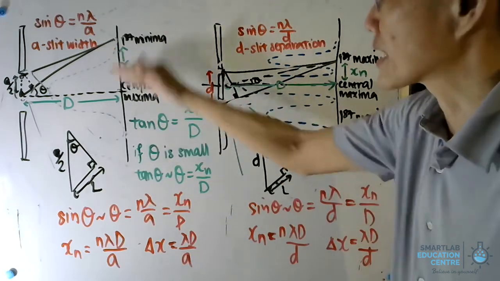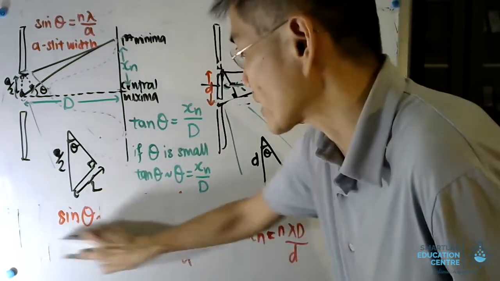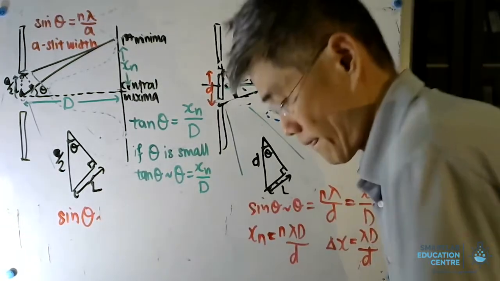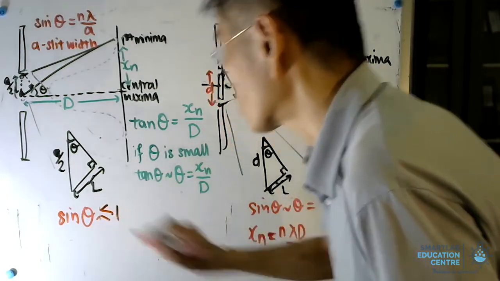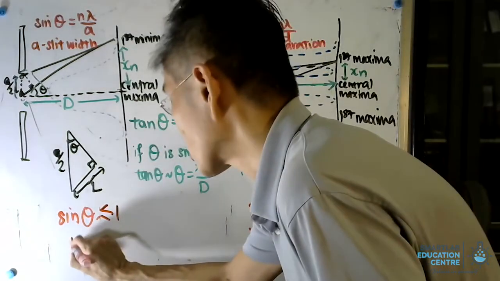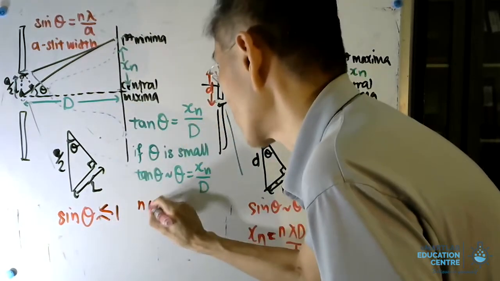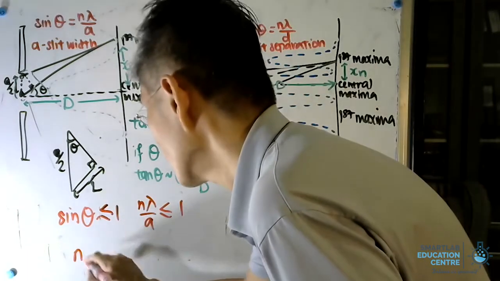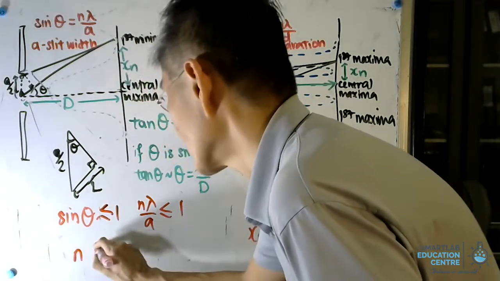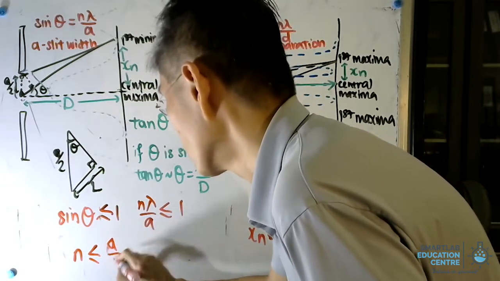Finally, we can also use this formula to calculate how many of the minima we can have in the single slit diffraction. In this case, the formula to use is that sine theta must be less than or equal to 1. So therefore, because sine theta is equal to n lambda over A, that's less than or equal to 1. So n in this case must be less than or equal to A over lambda.